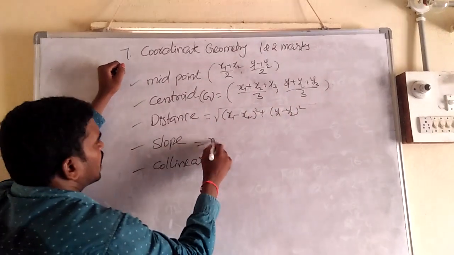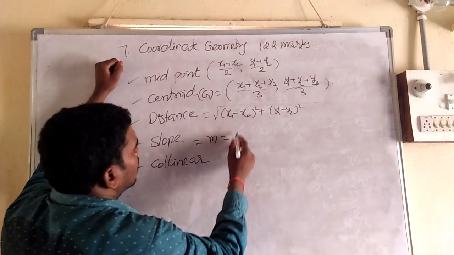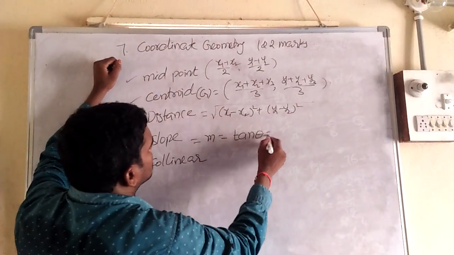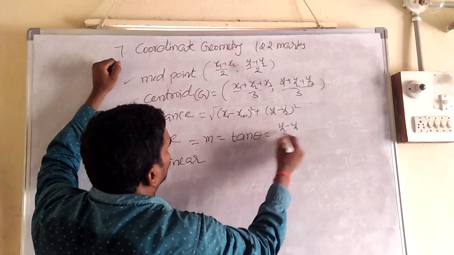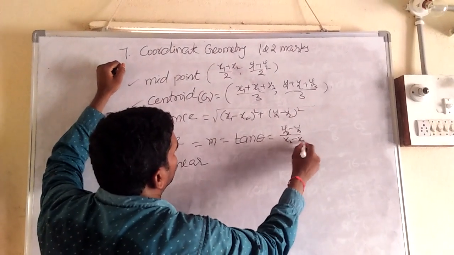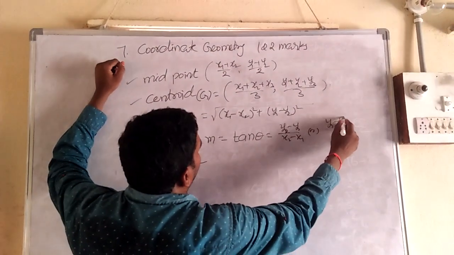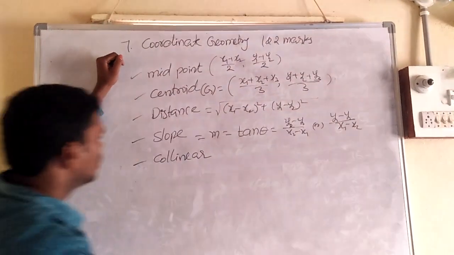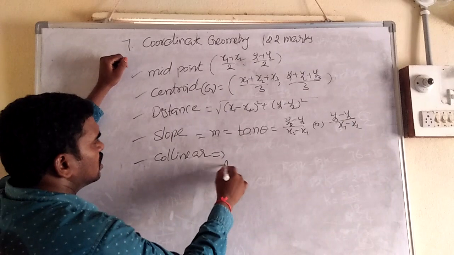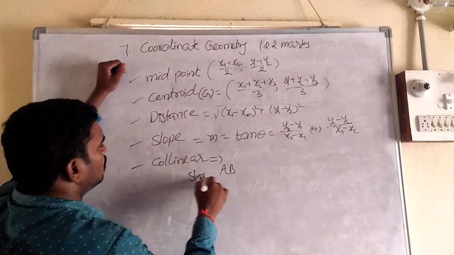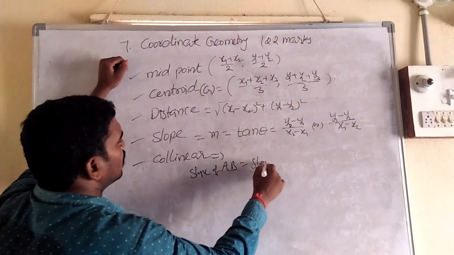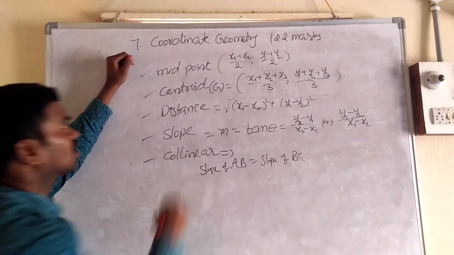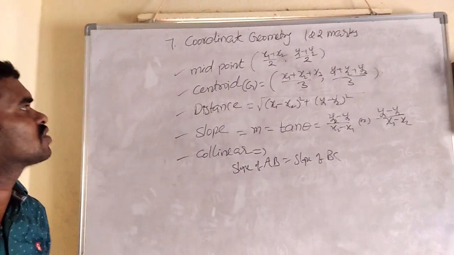The slope formula, denoted by m and also represented as tan theta, is (y2 - y1) by (x2 - x1), or we can write (y1 - y2) by (x1 - x2); both are the same. Next, collinear means slope of AB equals slope of BC.